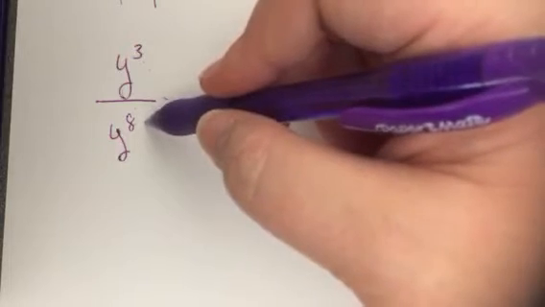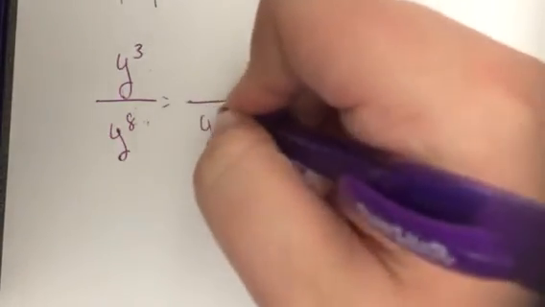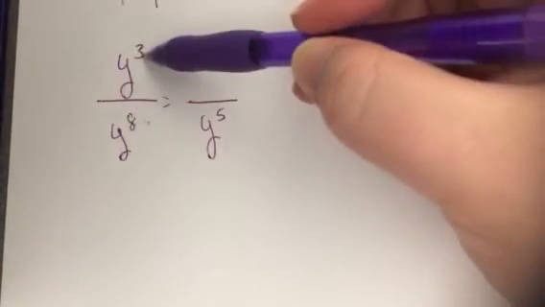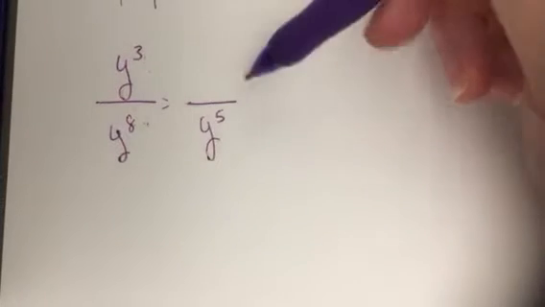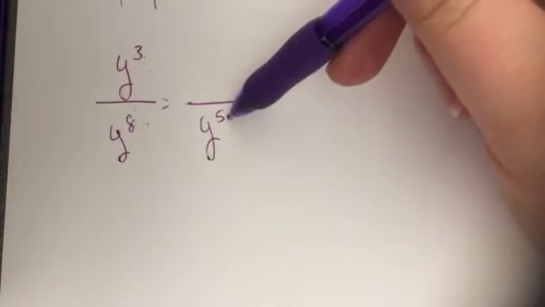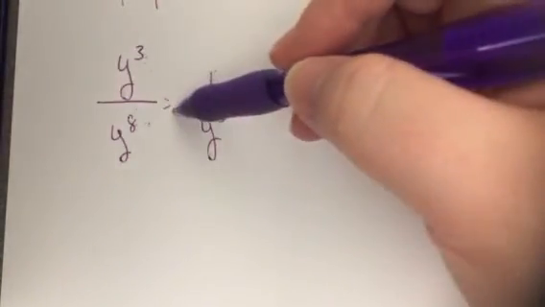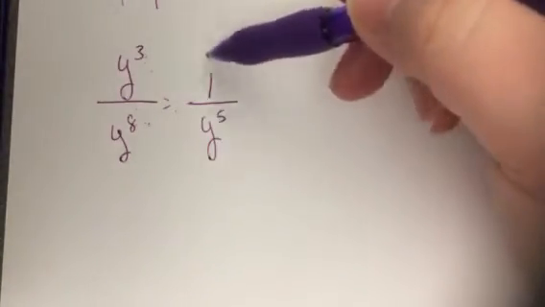Since my larger exponent originally started in the denominator, my solution is going to end up in the denominator. So since I did 8 minus 3, my 5 is going to end up in the denominator. Well, you can't just have nothing up top, so you've got to put in a 1. So your solution for this particular problem is 1 over y to the 5th.